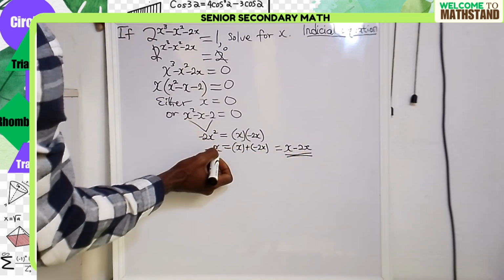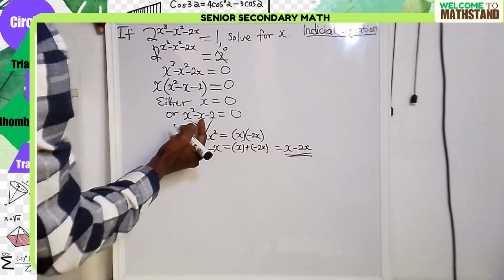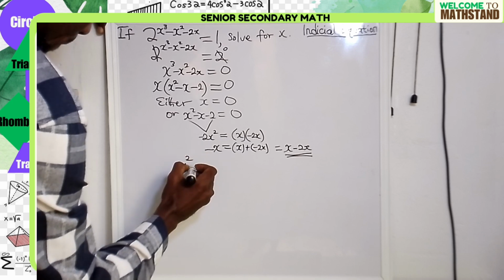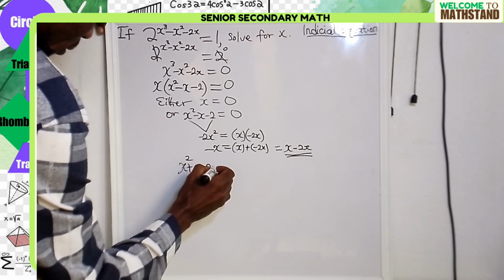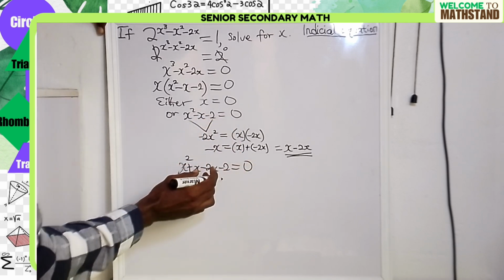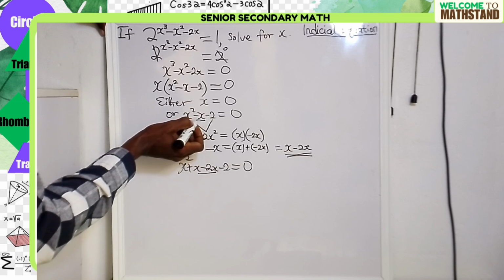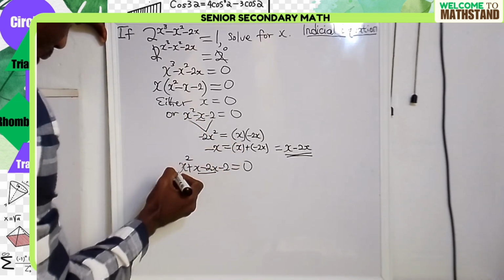You can see minus x is equal to this, so we just substitute this in place of this. So let's bring it down. We have x squared plus x minus 2x, then minus 2. Hope you are following. Let's move on and factorize this.